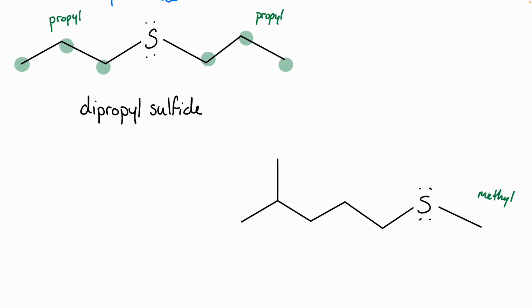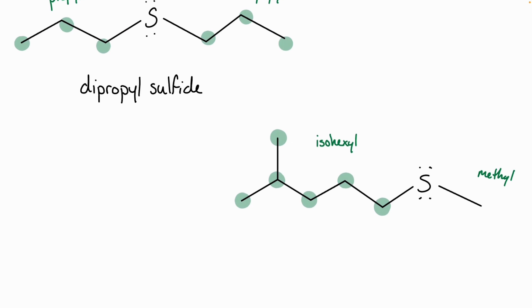So this is an iso group, and it's an iso 1, 2, 3, 4, 5, 6, an isohexyl group. Those common names, the total number of carbons that are in that group. So this would be isohexyl methyl sulfide.